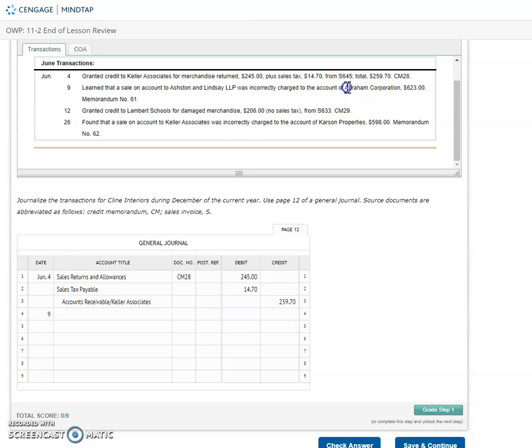However, we charged Abraham Corporation on accident. So what we're going to do is we are going to debit the correct account. Source document is M61. I'm going to debit the correct account for 623. And then I'm going to credit the incorrect account, and crediting that incorrect account will get rid of that initial incorrect debit.